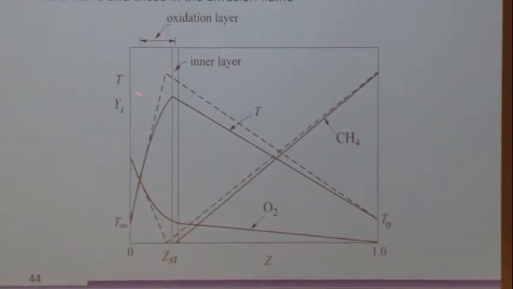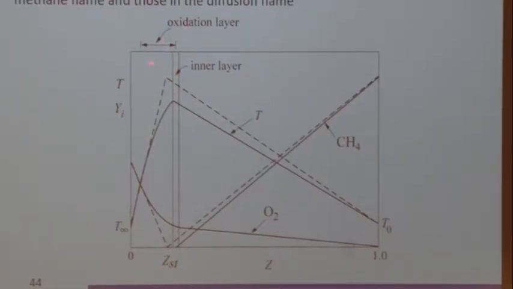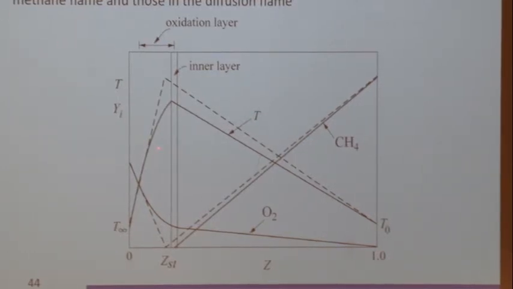And then on the lean side, you have the oxidation layer where the CO is converted into CO2. So typically, if you look at the temperature profile, you see there's some curvature here in this profile. That is because this is the region where you have the CO to CO2 conversion.